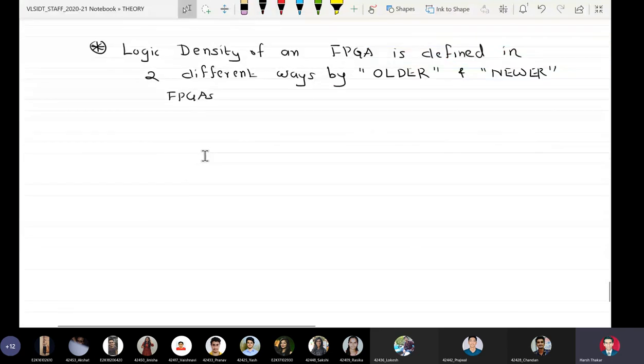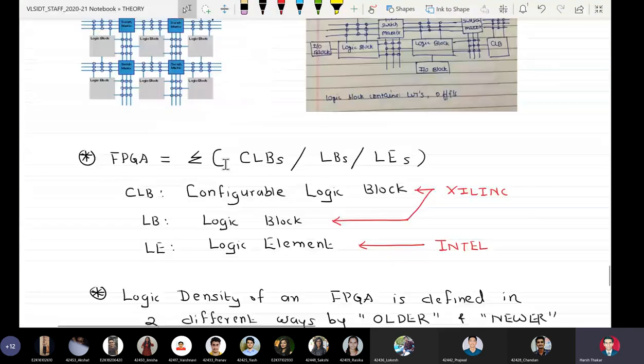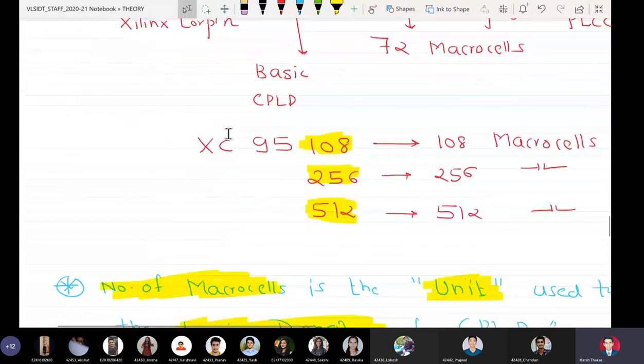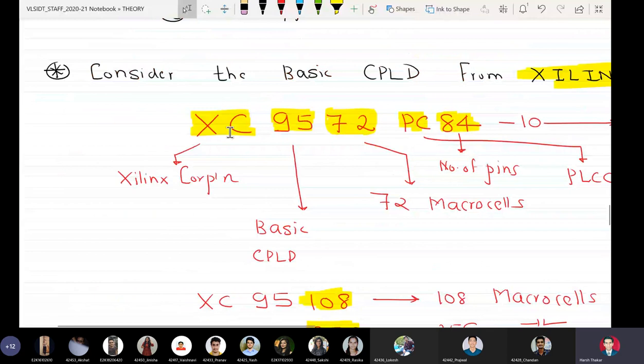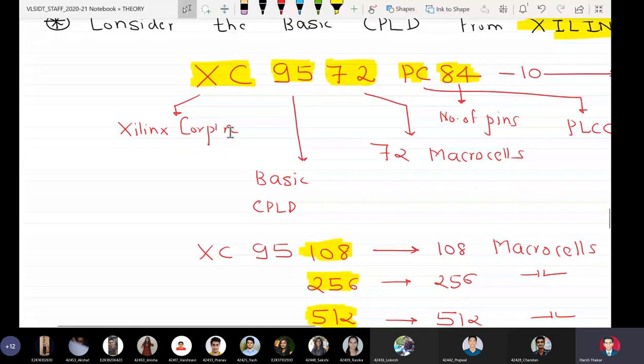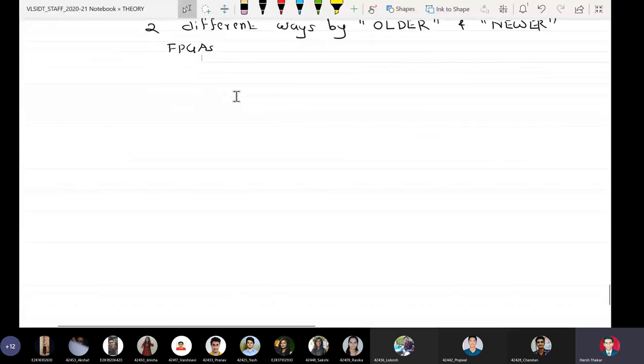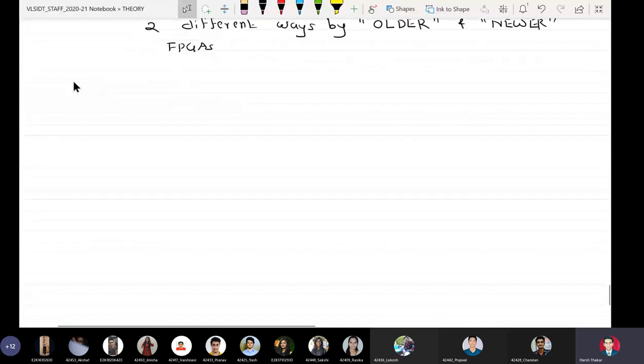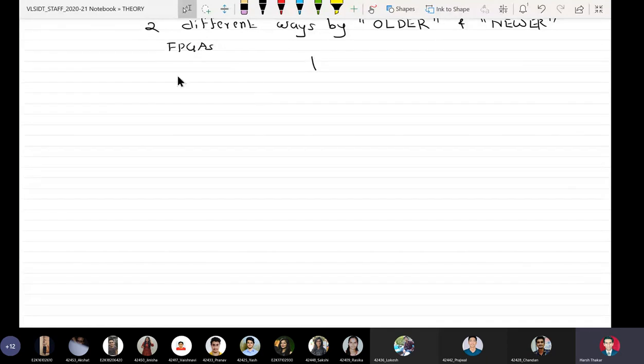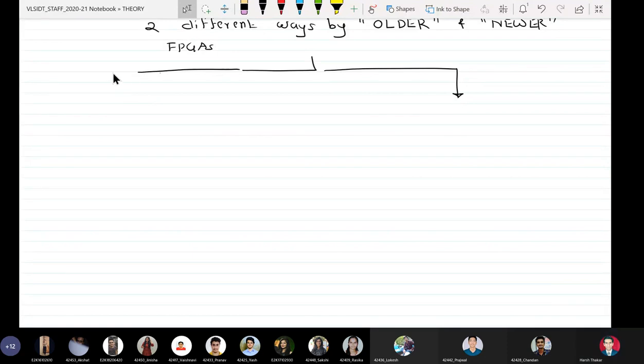Just like the logic density of a CPLD is defined in terms of the total number of macro cells present in the device, like we said here, XC9572 means it contains 72 macro cells. So 72 indicates the logic complexity of the CPLD. Similarly here, older FPGAs define it like this, older FPGAs, newer FPGAs.